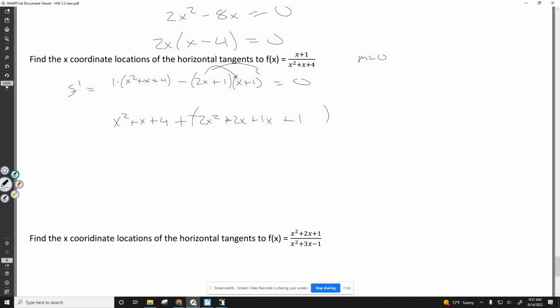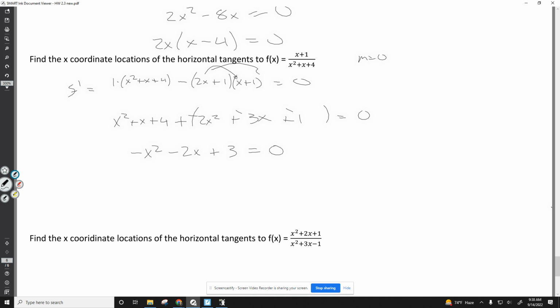And now I see I have a negative, a negative, a negative, a negative. Well, hold on, guys. Slow down. 2x plus 1x is 3x. All right, a negative, a negative, a negative. That helps me when I simplify because I have a negative x squared. x minus 3x is a minus 2x, and a 4 minus 1 is a positive 3.